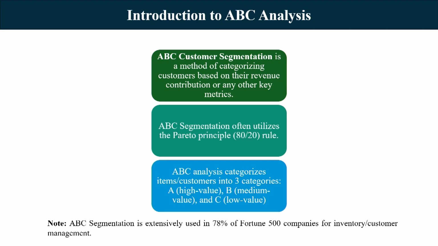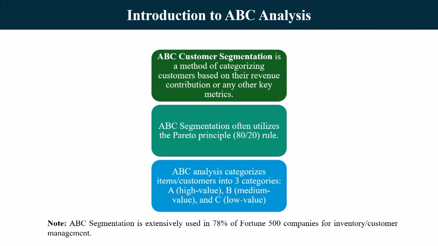The metrics may be such as purchase frequency or profitability. This particular framework is tied to the famous Pareto principle, which talks about the 80-20 rule, meaning 20% of your customers will contribute to 80% of the business value.